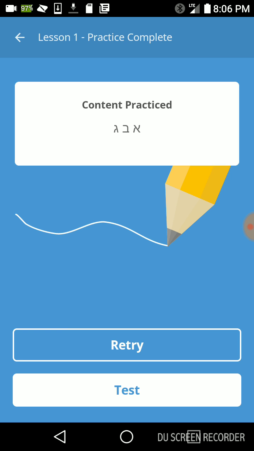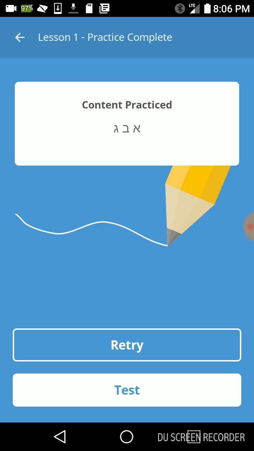Resh. Now, this does not sound like an R when you're sounding out the actual word. For example, in the word bahur. See, it doesn't sound like an R. That means young man. Bahura is young woman.